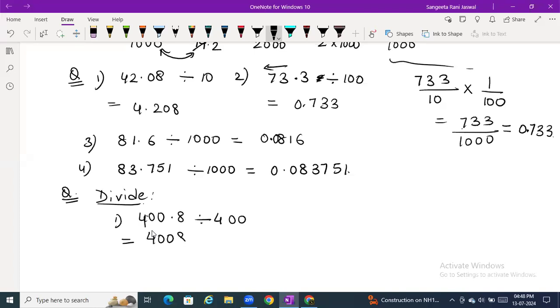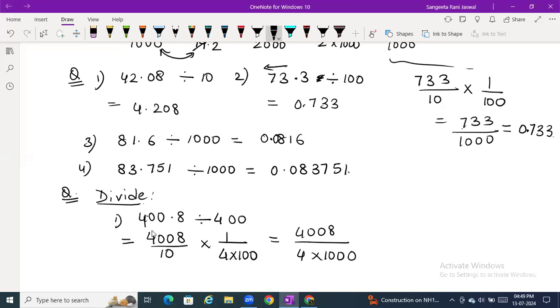You will write this in fraction form. Change the sign, take the reciprocal of the second number. So when the second number has no fraction form, it will be 4 into 100 like this. I'm just splitting it into 4 into 100. So this is now 4008 upon 4 into 100, and 100 into one more 10 will be 1000.